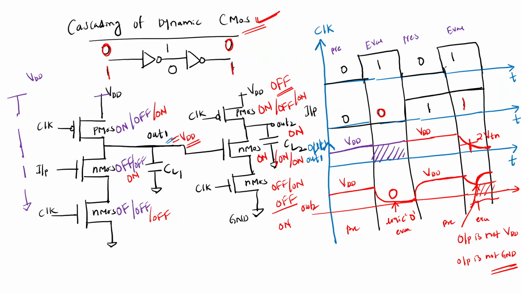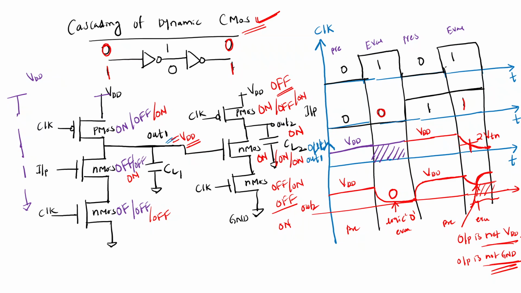This point is nothing but either it is not VDD, or it is not ground. So this is one of the issues. To overcome that we need to go for domino logic CMOS. I think it will take one more class, so Monday one more session is required.